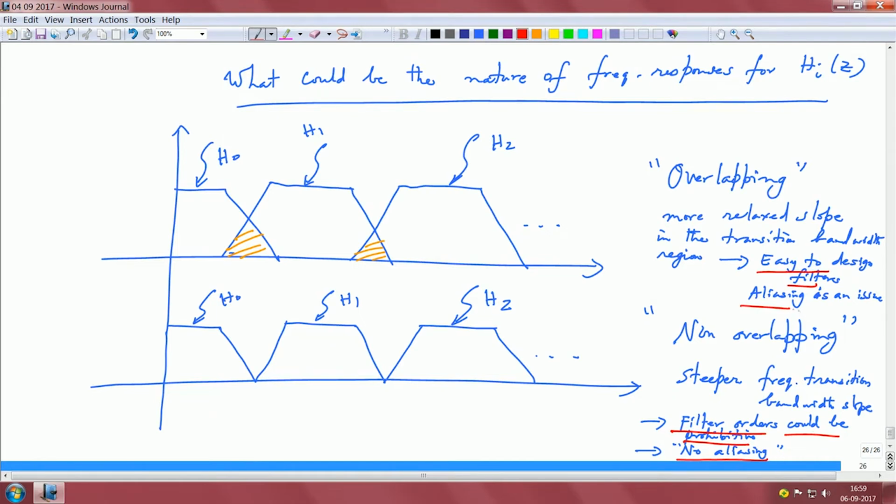Here there is aliasing, but it is easy to design the filters. So, there is some compromise that we will have to make, but fortunately we have solutions.